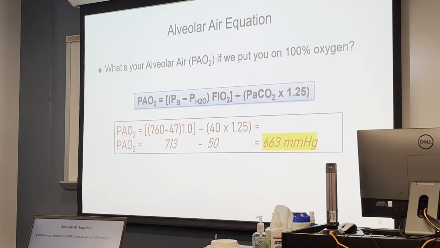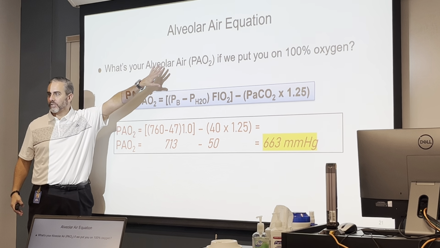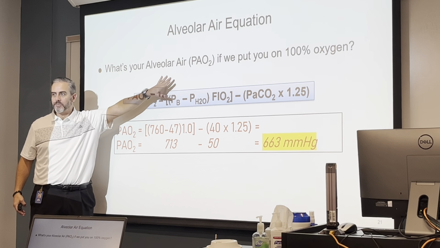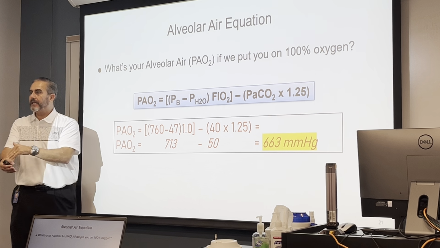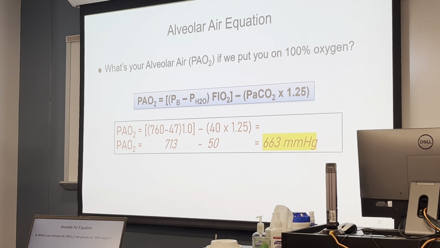If you had disease or illness, and I wonder, gee, why was their PO2 only 100 when they were on 100% oxygen? Boy, they really had something where the oxygen couldn't get out of the alveolus and get into the bloodstream. So that's a calculation we'll do later, but that's what alveolar air is helping me understand.